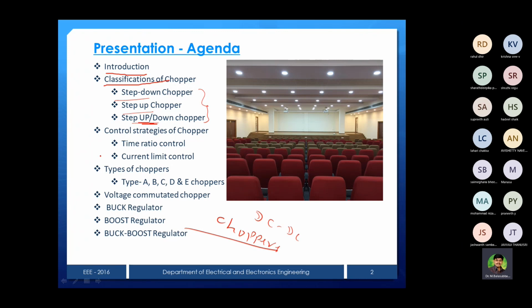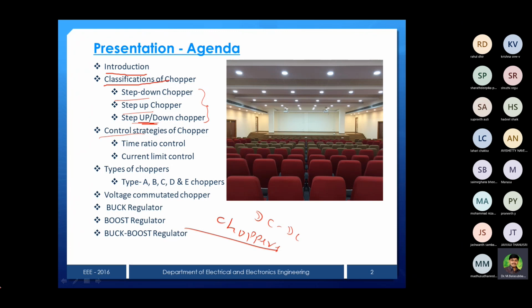So the next one is the control strategy. What we noticed in the case of phase control rectifier is that there also we use a control strategy, the firing angle control strategy. There we have different control strategies: R triggering, RC triggering, UJT ramp, all these things. And here, how the output is going to vary is only the control strategy.